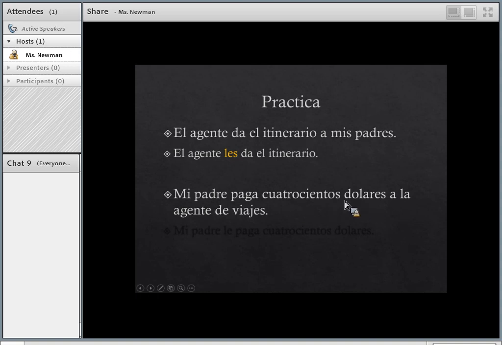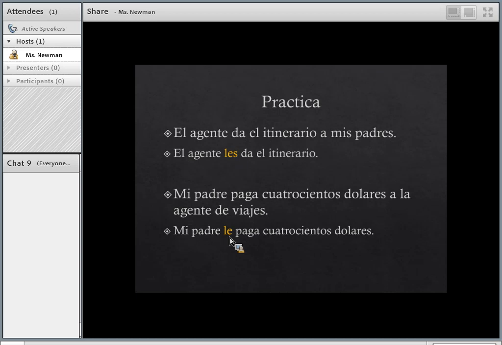That's the direct object. The indirect object is the travel agent. And notice it's feminine in this case, la. It's a female. Okay? Either way, in the pronoun, it doesn't matter too much. It's le. Right? Mi padre le paga $400.